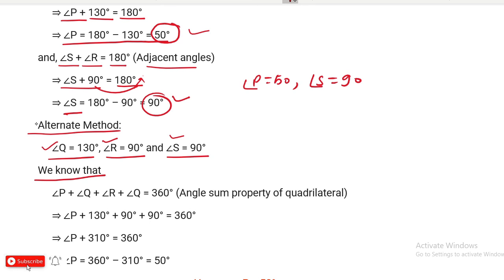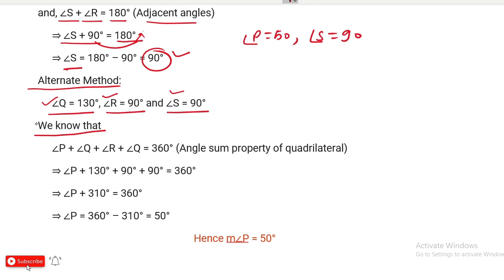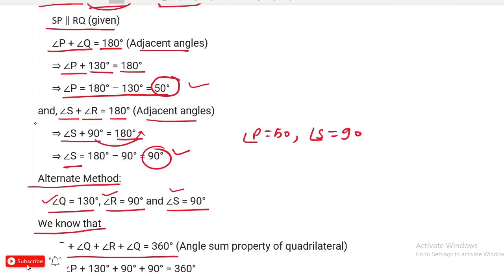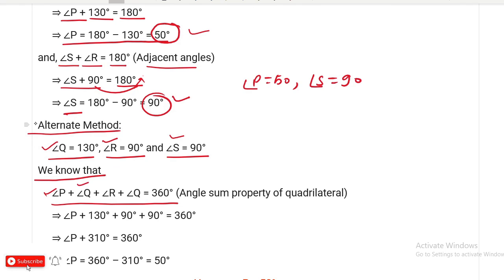We know that in a quadrilateral the sum of all angles is equal to 360. We can write angle P plus angle Q plus angle R plus angle S is equal to 360.